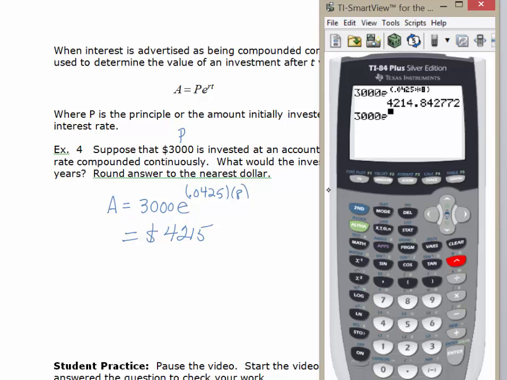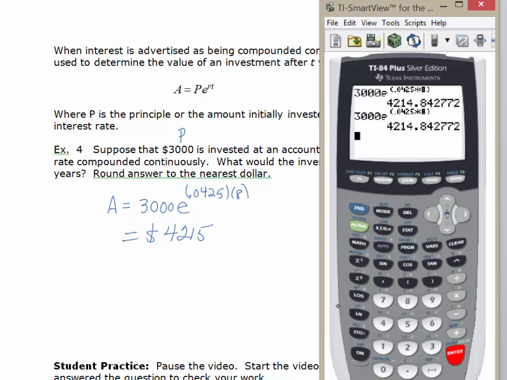So in this case we then have to hit the caret key, and then we would type in open parentheses 0.0425 times 8 and close them, hit enter, and you can see you get the same exact thing. So you have two options on the e key. If you use the one that's above the division symbol, you have to use the caret key to raise the exponent. If you use the one that is above the ln button, then it automatically raises it.